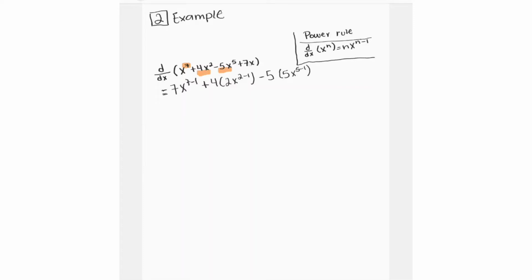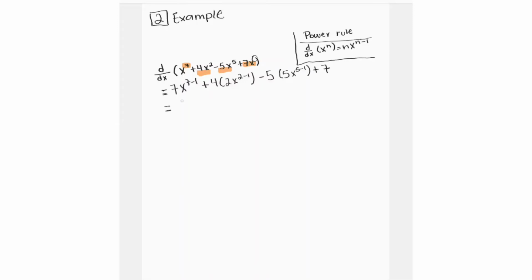And finally, the fourth one is going to be plus 7, and it's just going to be 7 because we don't have any value here.